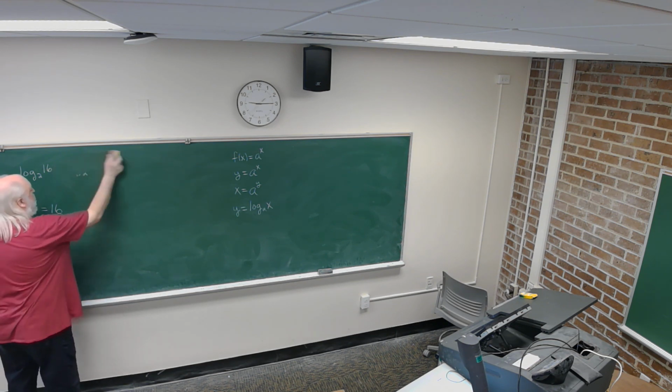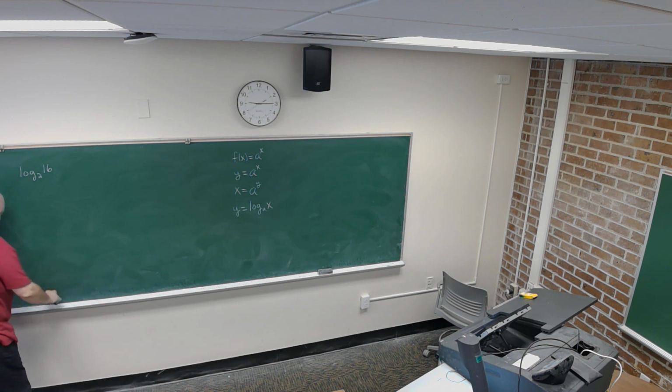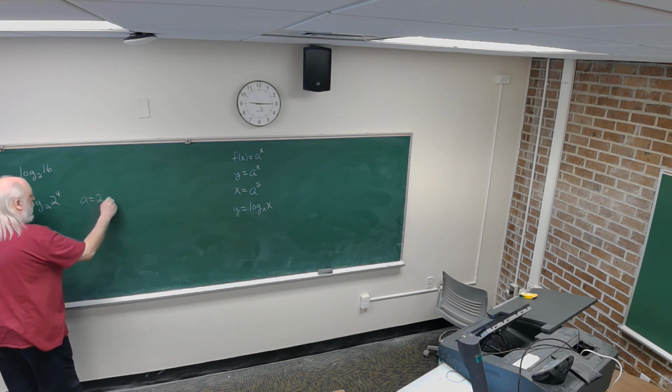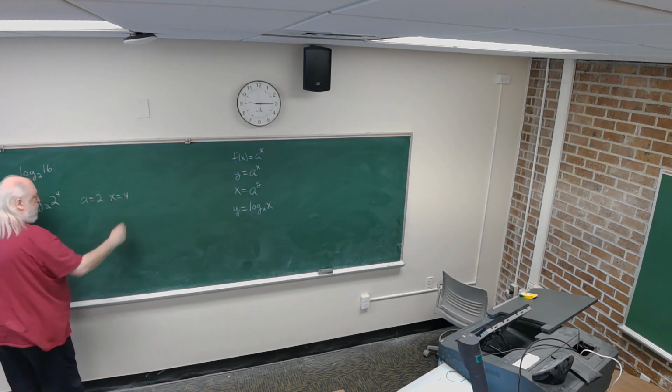Actually, I guess I got to go down based on the space provided under notes. And so this looks a lot like property 3, where a is equal to 2 and x is equal to 4. Right?